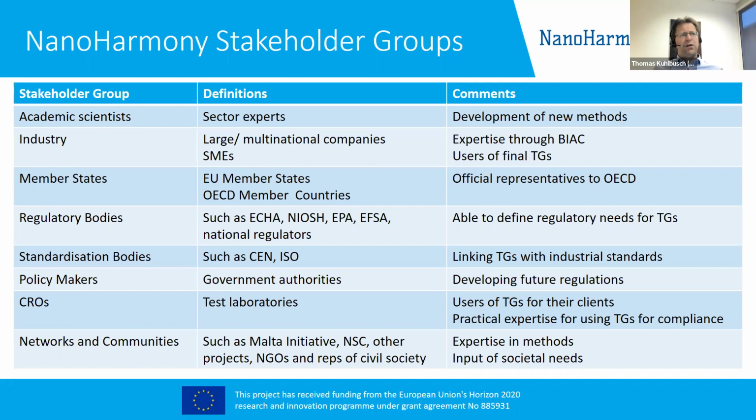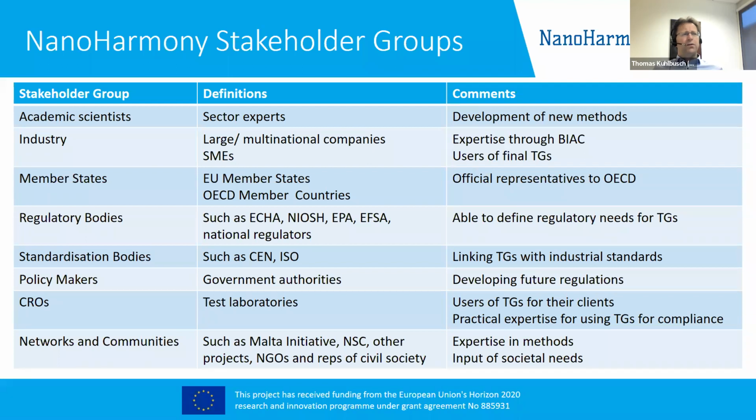That leads over to the next stakeholder group, the standardization bodies, which is OECD, but also CEN and ISO, and we have an exchange with these standardization bodies on a regular basis. And we always have to link with these DGs and other industrial standards, which link in from national and international bodies as well.